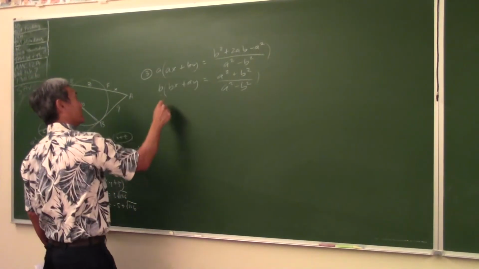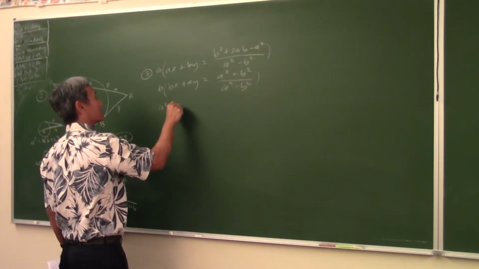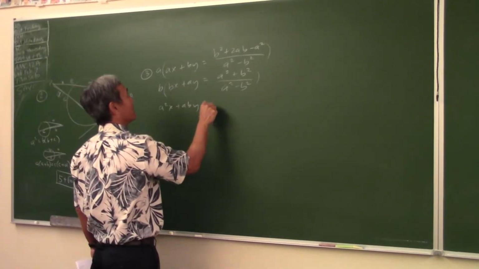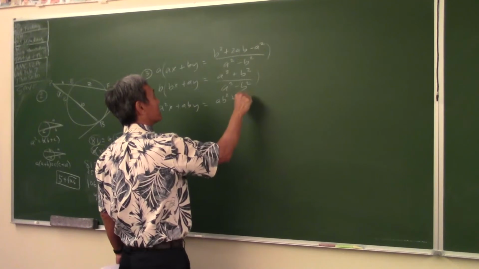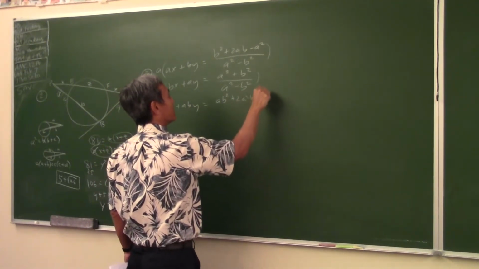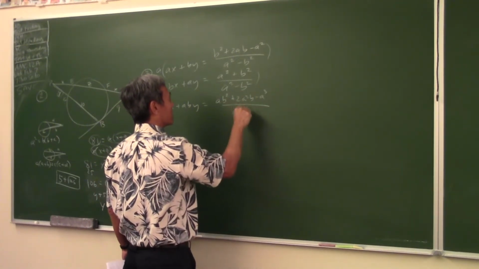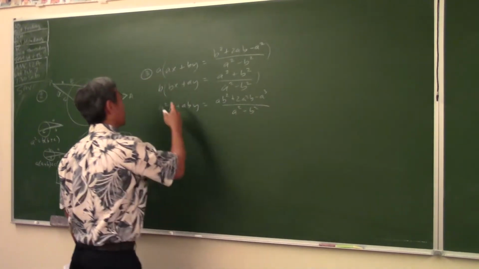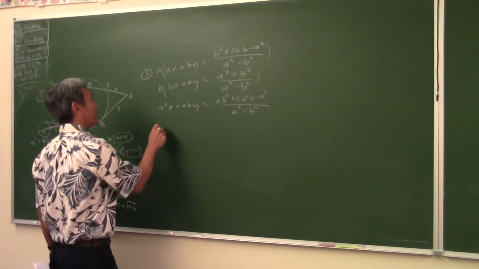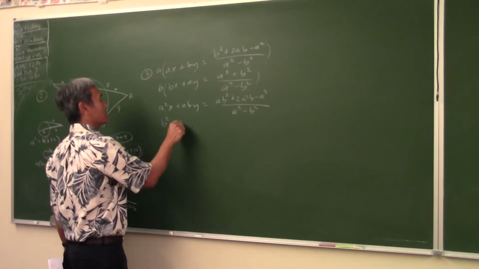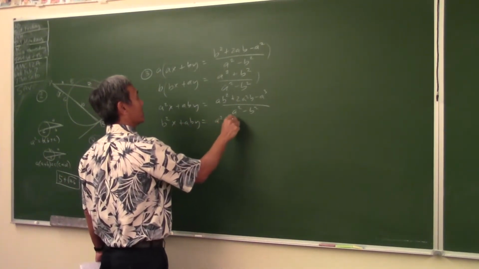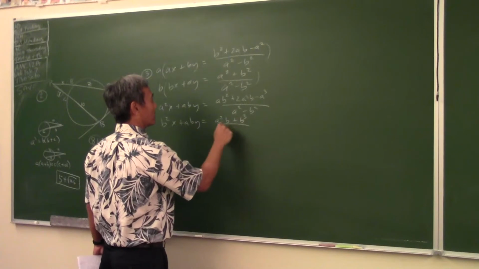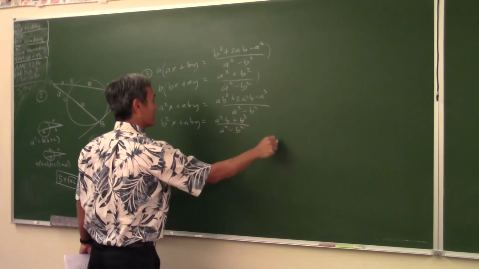So the first equation is a squared x plus ABY equal AB squared plus 2a squared b minus a cubed, all over a squared minus b squared. And then if I multiply the second equation by b, you get b squared x plus ABY equal a squared b plus b cubed, all over a squared minus b squared.